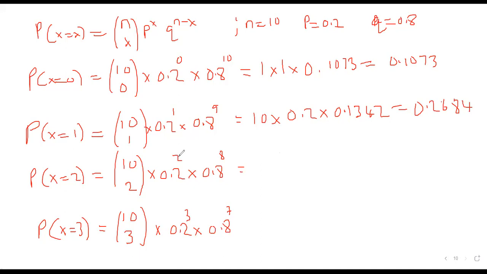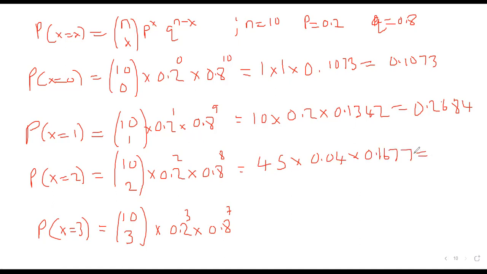Then here, what is 10 combination 2? I showed you in the calculator. 10 combination 2 is 45. Correct. Then 0.2 squared is 0.04. And 0.8 to the power 8 is 0.1677.